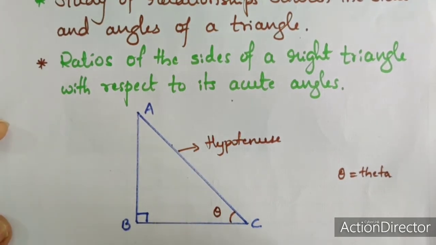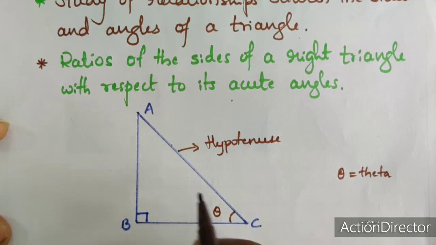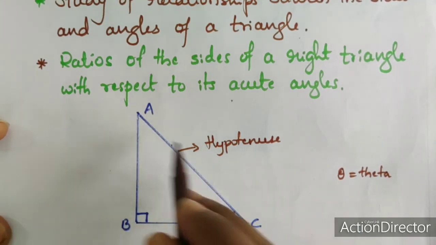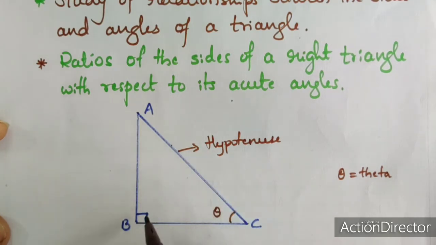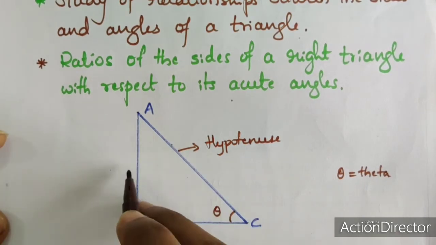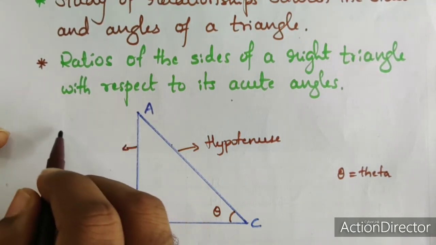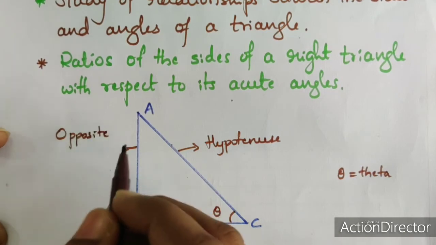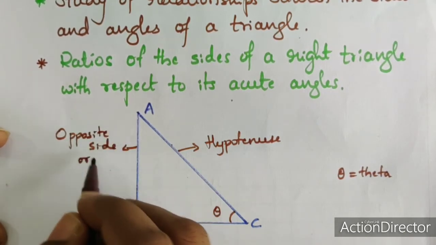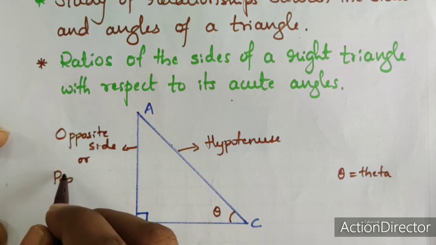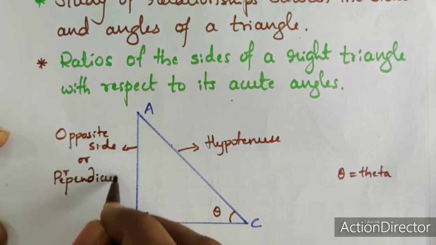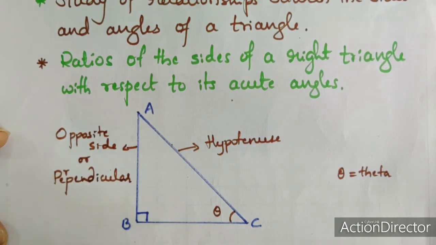So with respect to this theta, we have to name the three sides of a right angle triangle. This is already known: the longest side in a right angle triangle is the hypotenuse, and it is also the side opposite to 90 degrees. You all have this idea already. Now we have to name these two more sides. Carefully identify: the side opposite to 90 degrees is the hypotenuse. In the same way, the side opposite to theta is called the opposite side, or its other name is perpendicular.